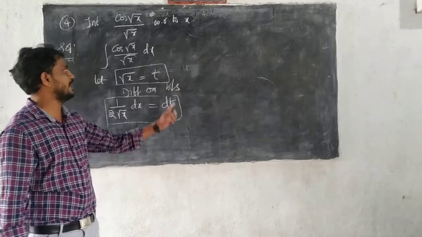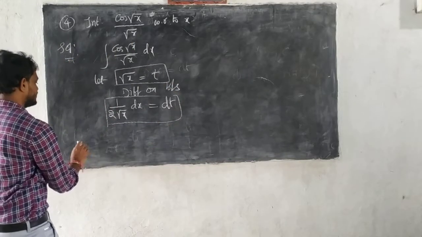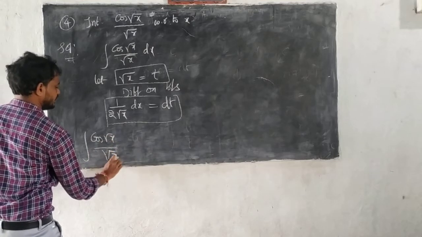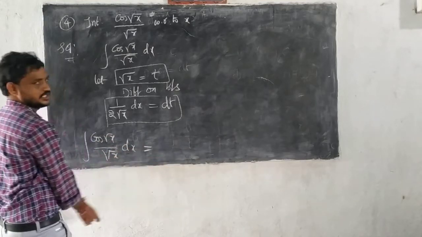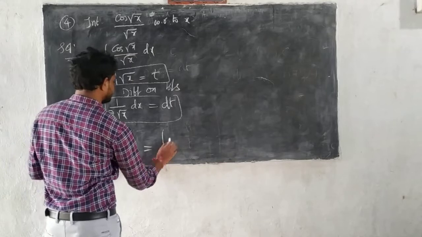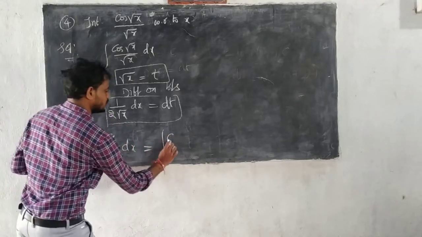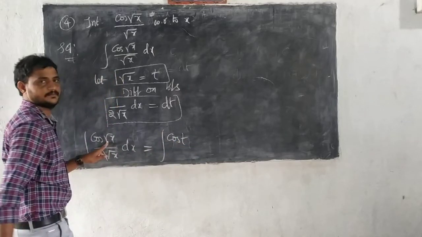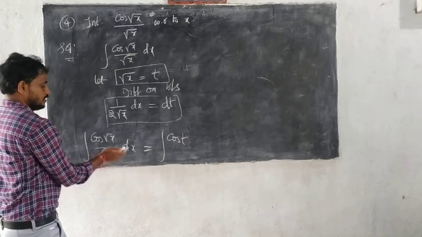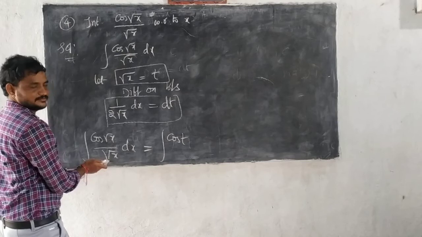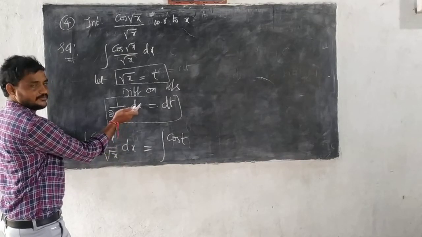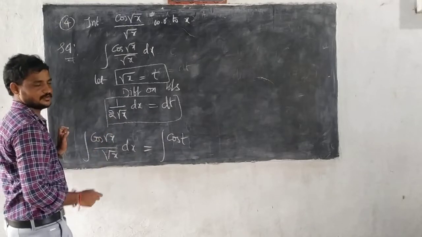Now substitute these two values in the given function. The given function is cos root x by root x into dx. Here the cos root x value is cos t. Then we have dx by root x here, and dx by 2 root x there.